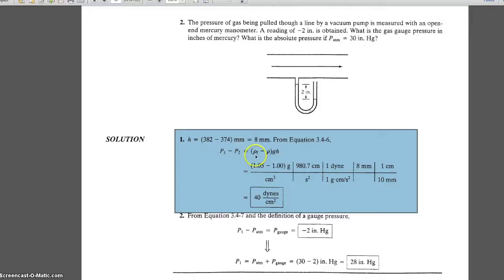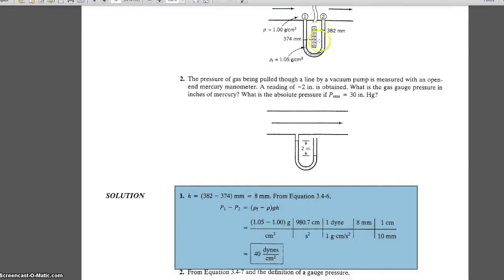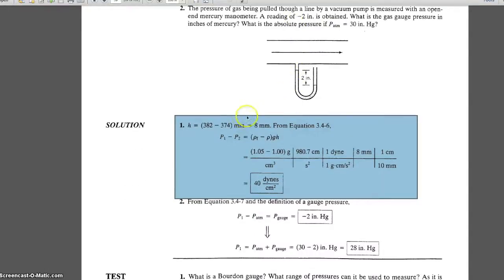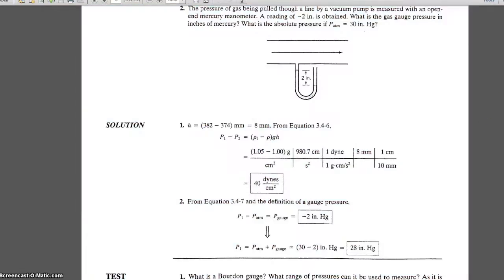So that's the density of fluid minus the density of water, times the acceleration and the height difference, which is 382 minus 374. So it says here 382 minus 374.